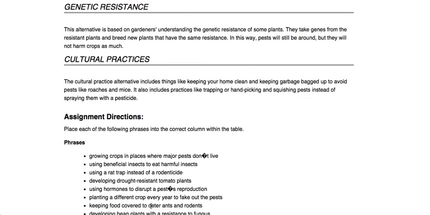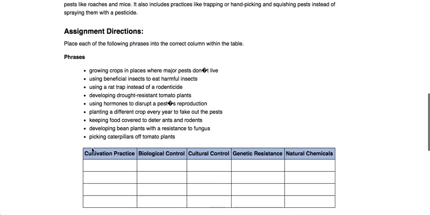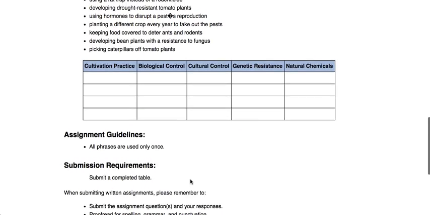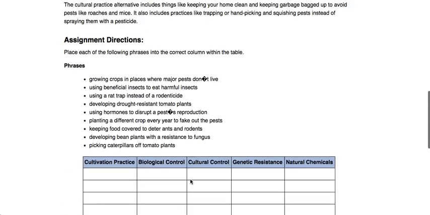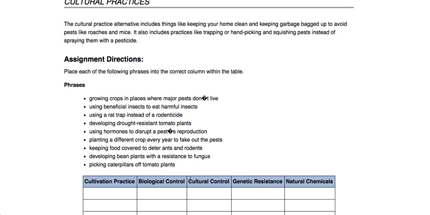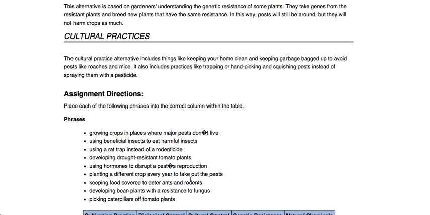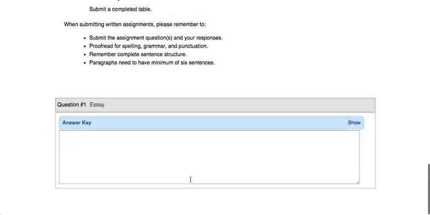So it's a very simple project. All you're doing is cutting and pasting this table, taking the phrases and placing them into the appropriate column, and then giving me your rationale as to why. It can be a very simple one-sentence rationale for each, and that's it.